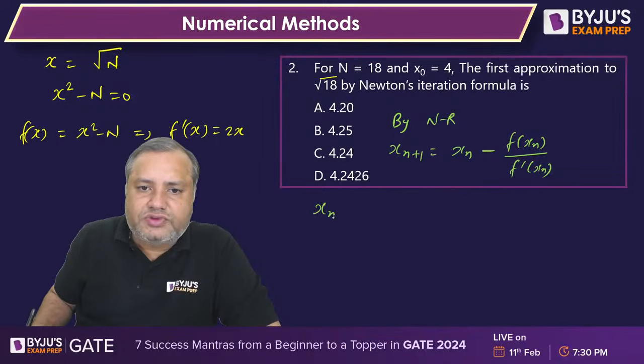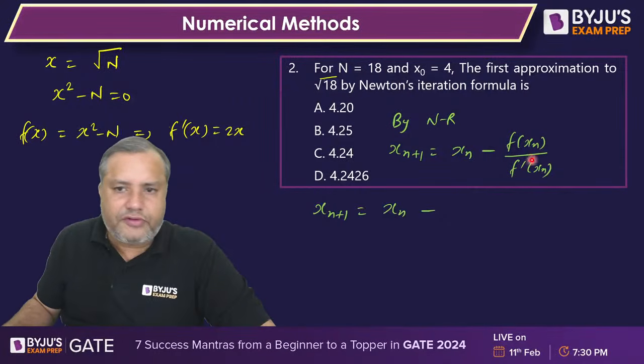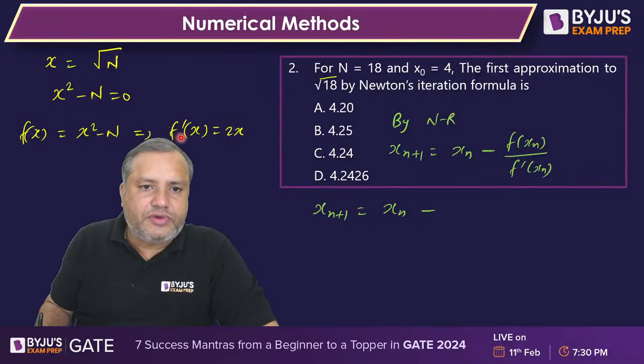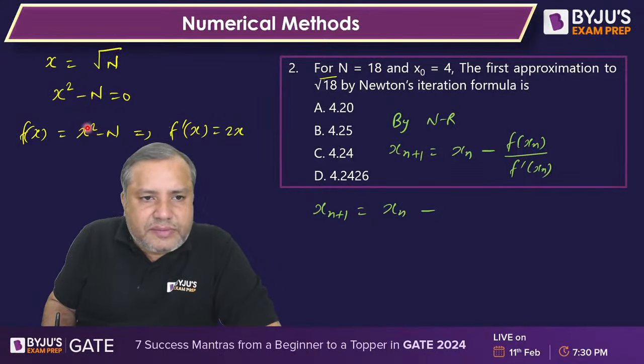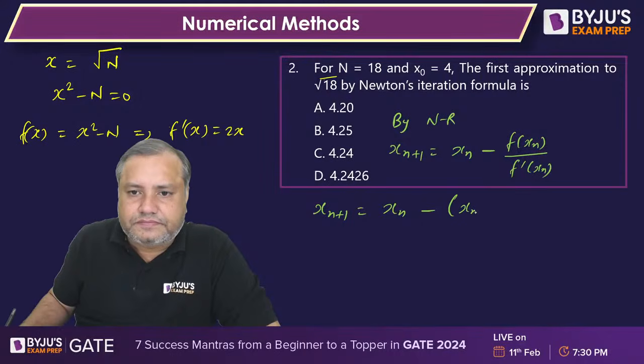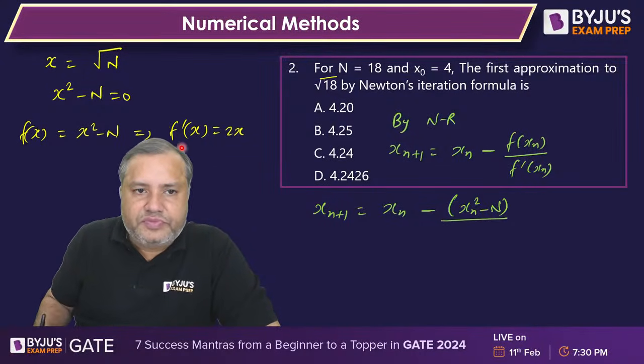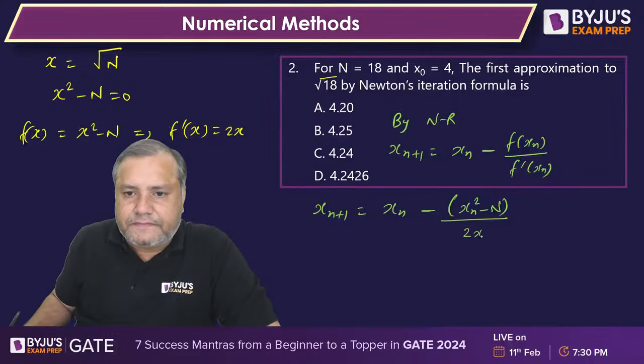So all my dear students, x n plus 1 as it is, x n as it is, and in place of x, we are just replacing x by x n. So x n square minus n divided by f dash x n, so this will be twice x n.